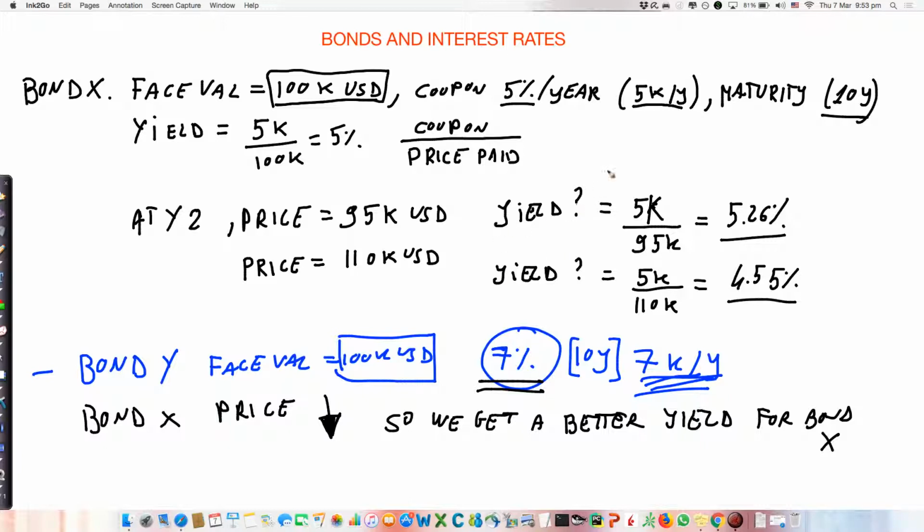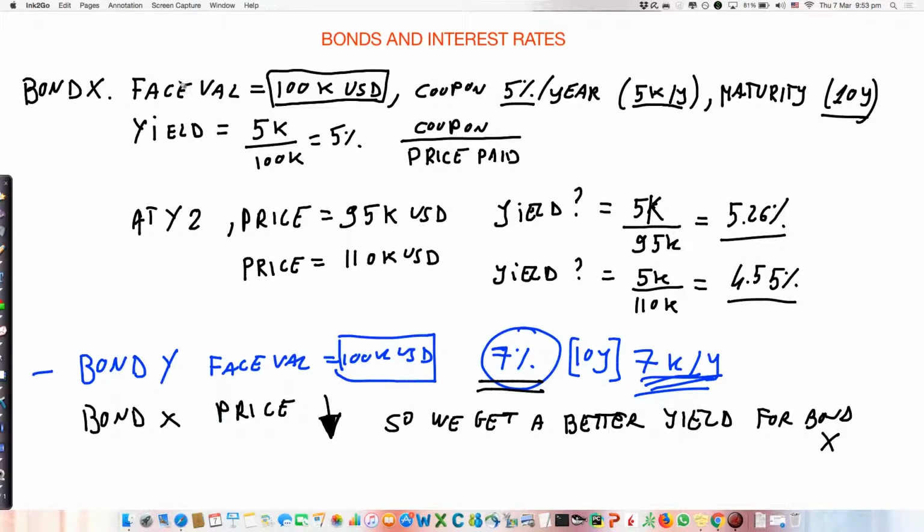So there are some models that take into account the whole amount of cash that you get from your bond and then discount it back to the present time and value that in order to get a yield similar to the new bond. And I will put a link below the video. If you are interested, you can check that.